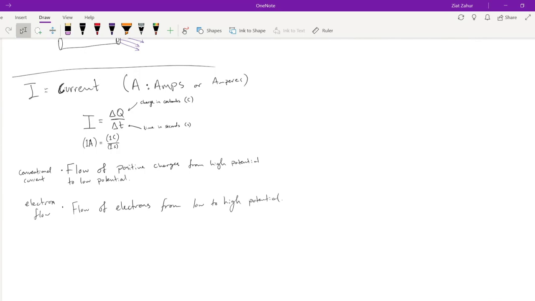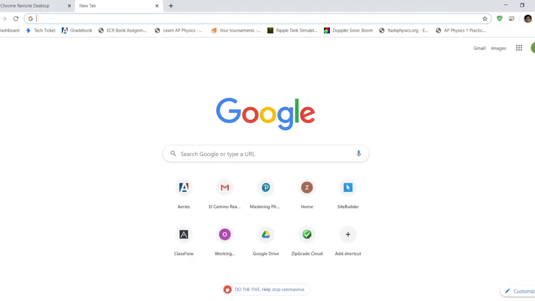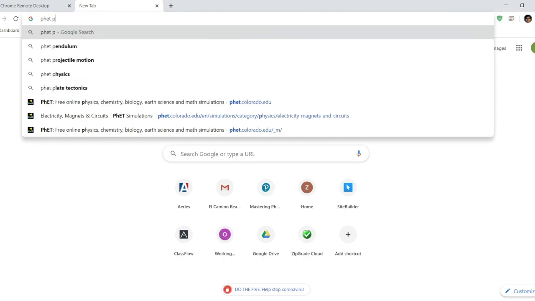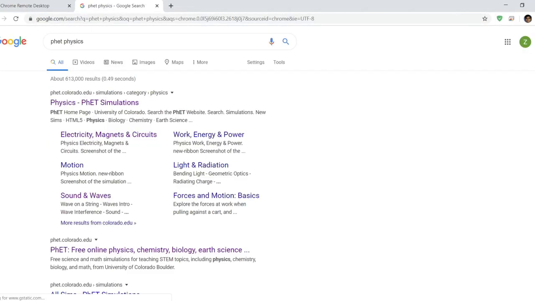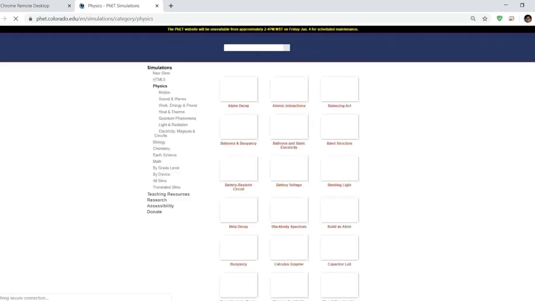Okay, so we'll stop the note taking there, and we'll come back to it. But let's pull up a circuit simulator that will help us build our first circuit. If you search FET physics, it's really the first one. FET simulations.